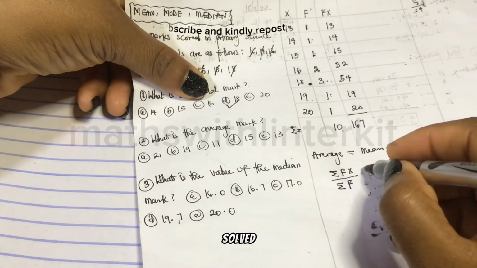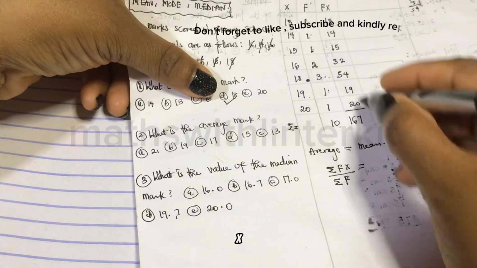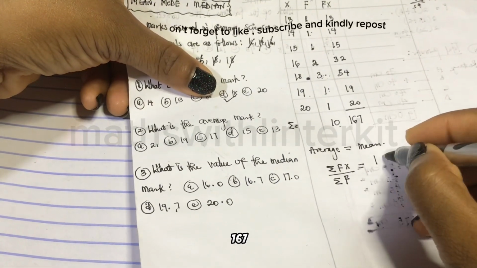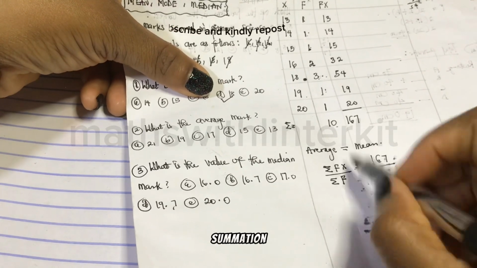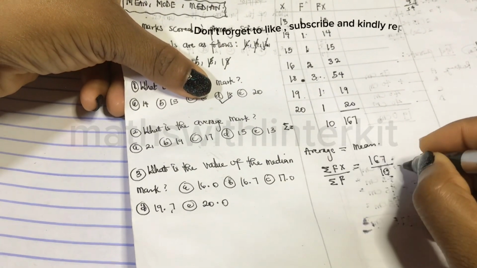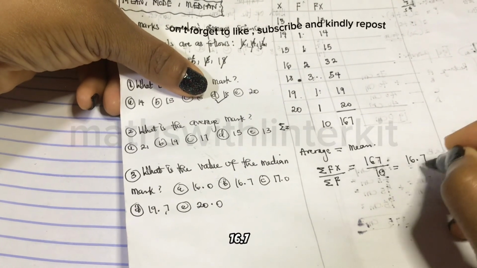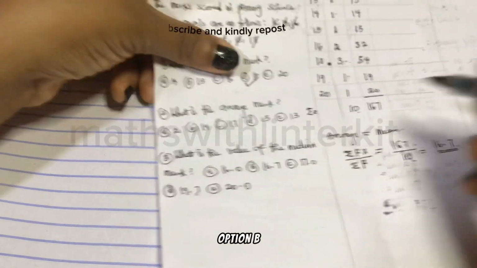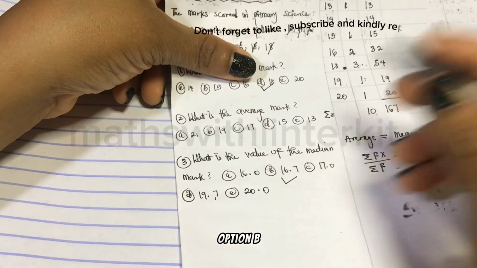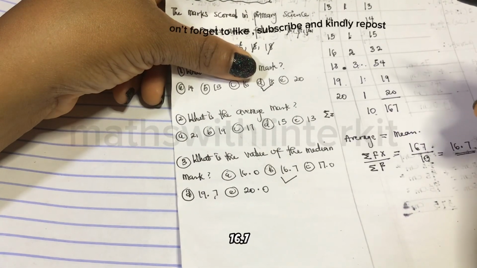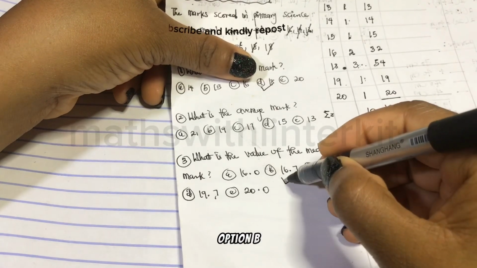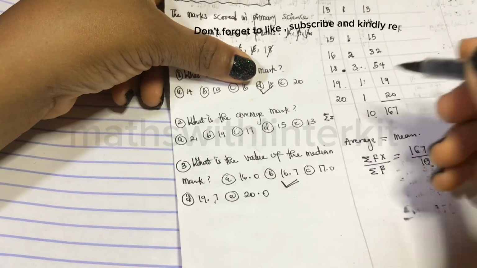So you've already solved them. So the summation of my fx is 167 divided by the summation of my f, which is 10. So that should be 16.7, which is option B.